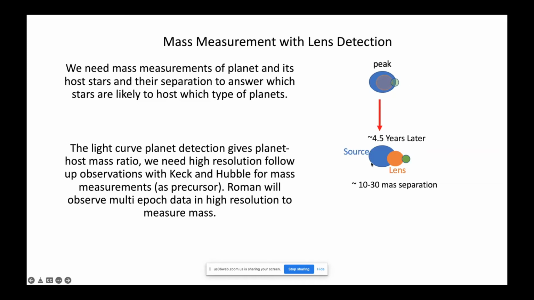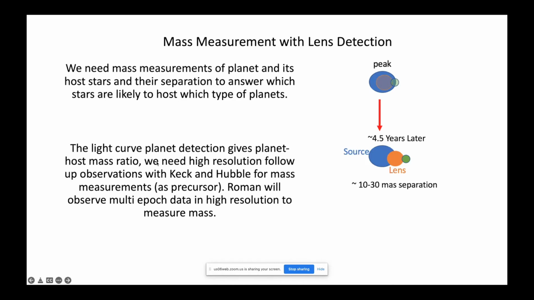But about a few years later, the source and the lens are separating out. About, let's say, 4.5 years later, there will be about 10 to 30 milliarcsecond separation between them. So we obviously need high angular resolution to separate the source and lens, these two stars.